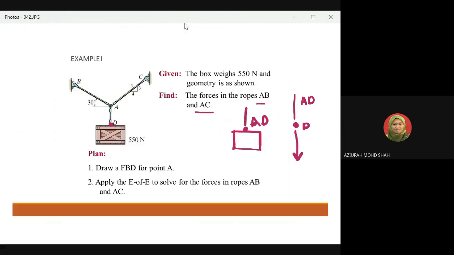W, which is 550 Newton. So for AD, in order for us to have equilibrium condition, cable or rope for AD, it should be in tension and it should be upward lah. Sebab ini memang ada dua saja kan? Okay. Is it clear for you?